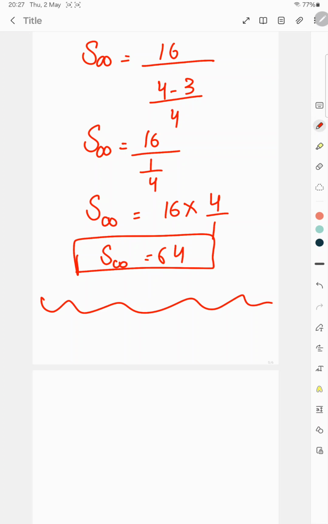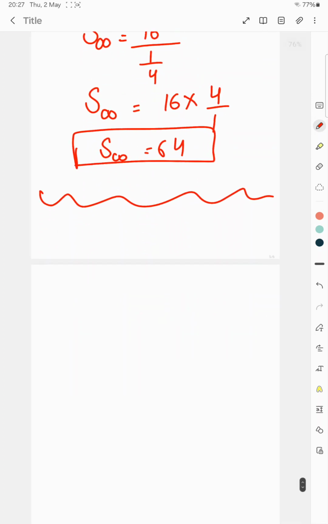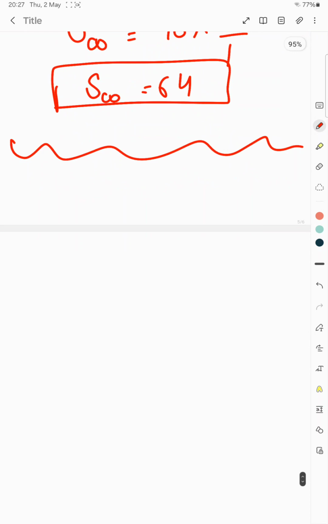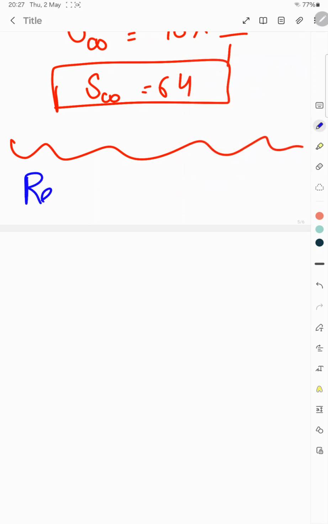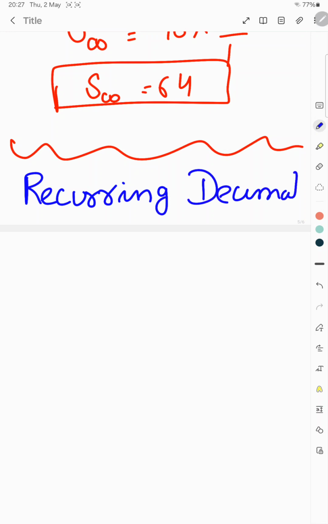Okay, now I will go for the other topic, which is related to the infinite geometric progression. The name of the topic is recurring decimals. So students, I hope you know about the decimal numbers.